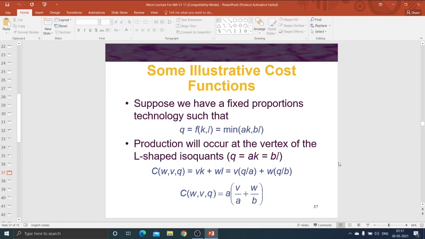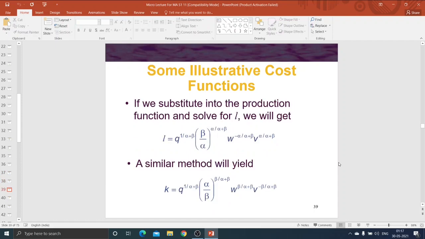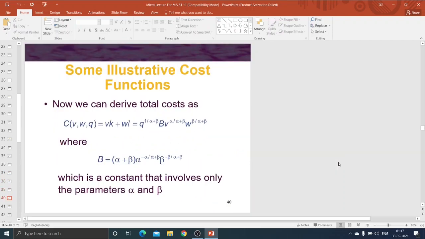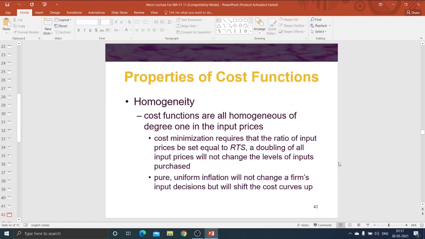This is what is going to be given in this illustrative function. I don't want to talk about these things in detail, and this is simple. We have already seen the CES case. So let's go through the properties of the cost function now.